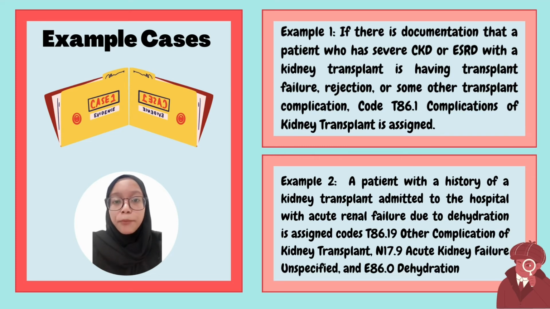For example 2, a patient with a history of kidney transplant admitted to the hospital with acute renal failure due to dehydration is assigned codes T86.19, other complication of kidney transplant, N17.9, acute kidney failure unspecified, and E86.0, dehydration.